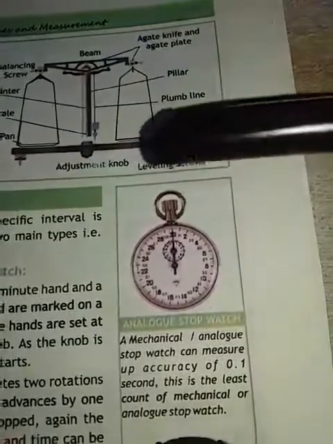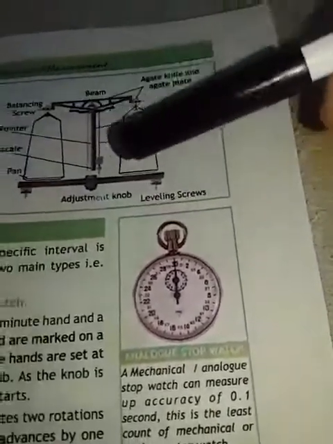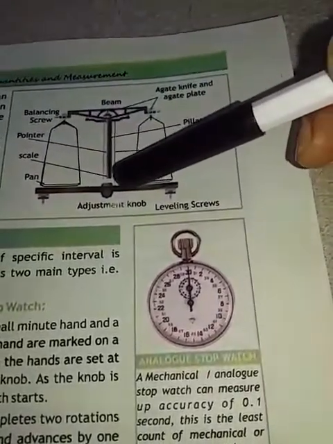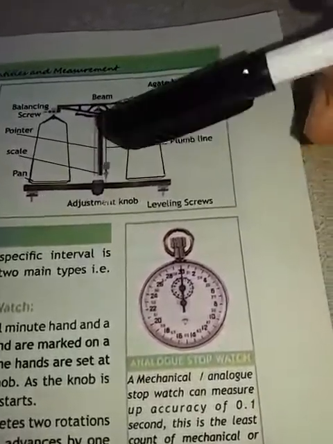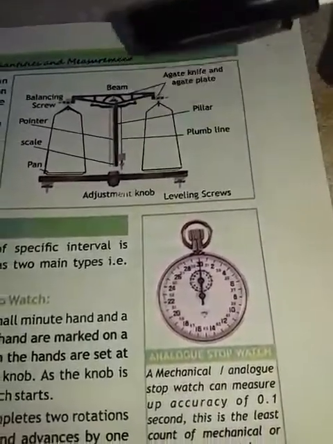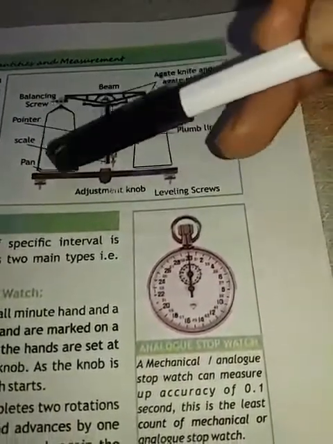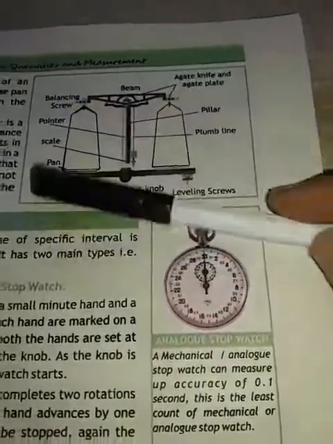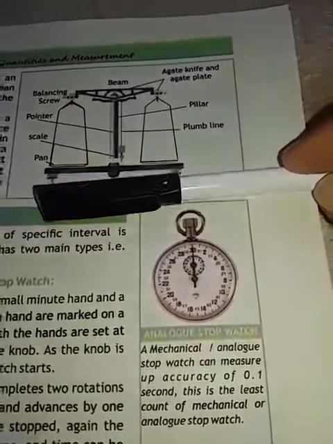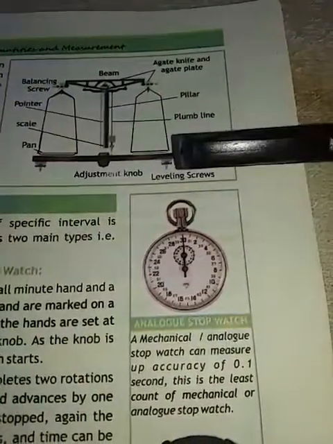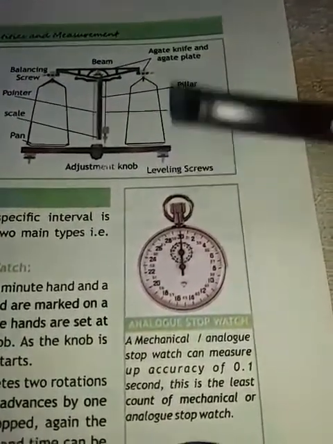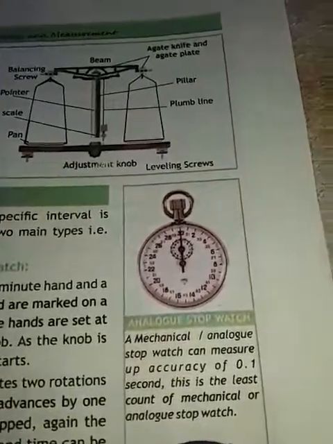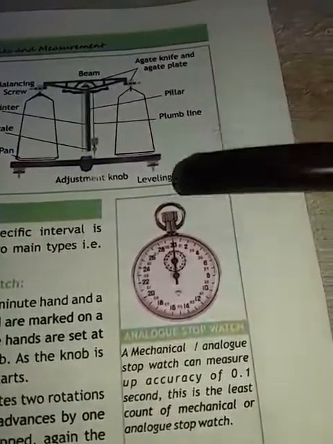There is a plumb line, as you can see. With the help of the plumb line we can balance these two pans. When the two pans are at equilibrium position, we can determine the weight of the unknown object. Suppose the weight of the unknown object is 30 gram.